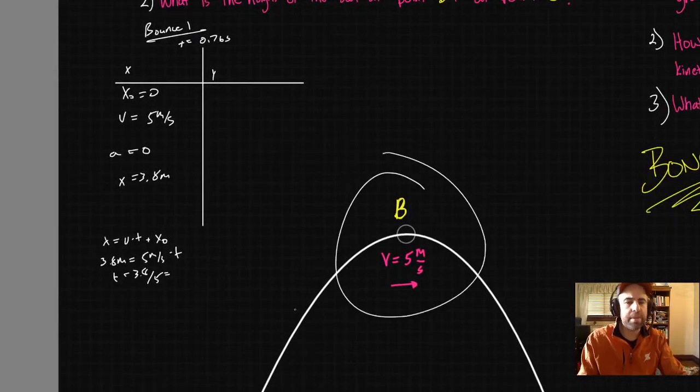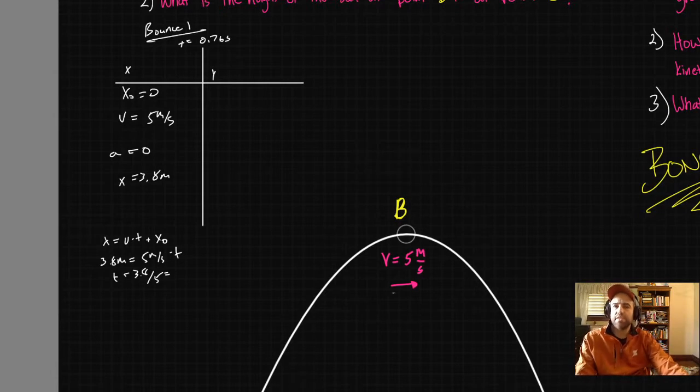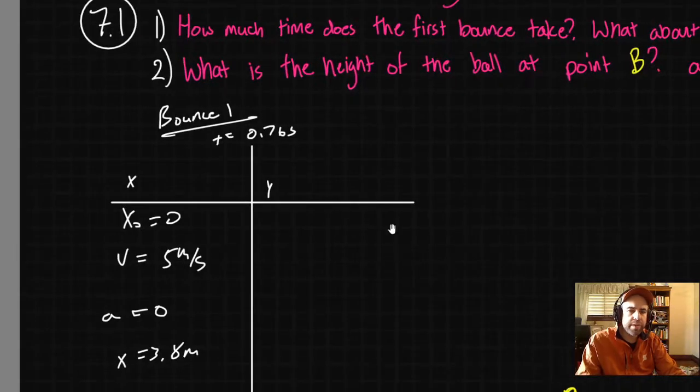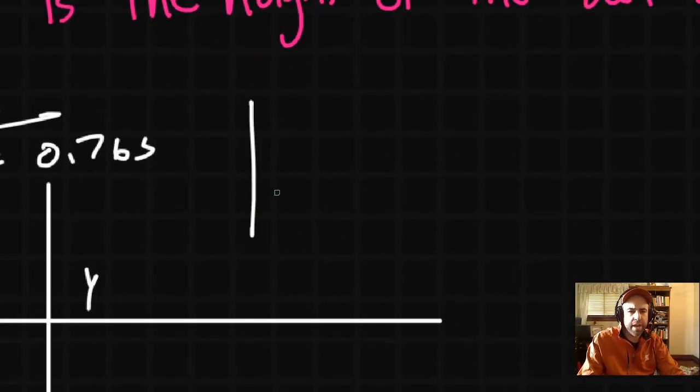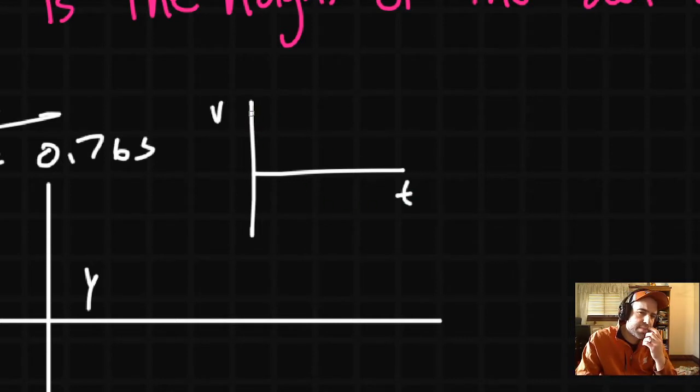So let's think about how high it possibly can get. If B is the highest point, that means it's just moving up. Now there's a few different ways to think about this, but I like using the graph. On the velocity versus time plot, it's moving up for the first half of this motion, and then it's moving down for the second half of this motion. So this spot right here is as high as it's going to get.